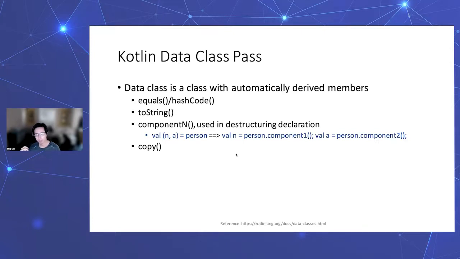Kotlin data class is a class with some automatically derived members, for example equals, hashCode, toString, component, and copy.